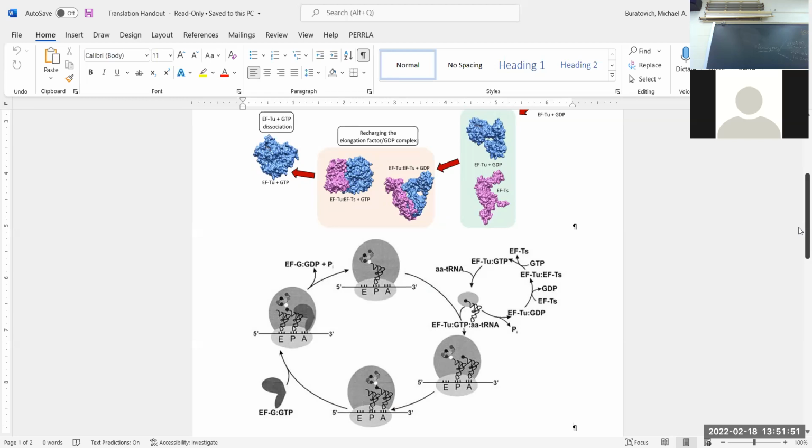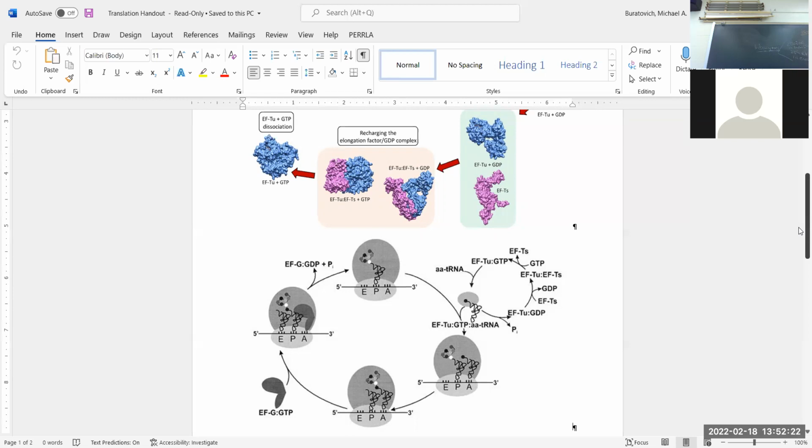So then it just leaves. It has to leave before the next tRNA can come because it's in the way. So if the ribosome doesn't move, then the translocase can't leave. And if the translocase doesn't leave, the next proper tRNA can't get to where it's going. Right?